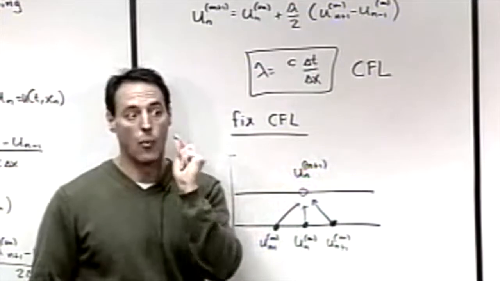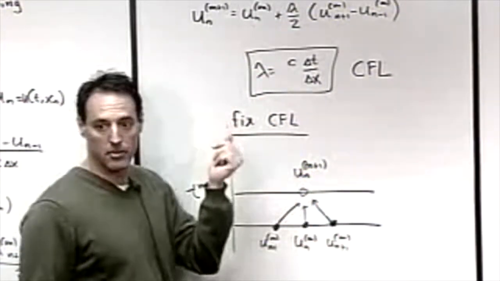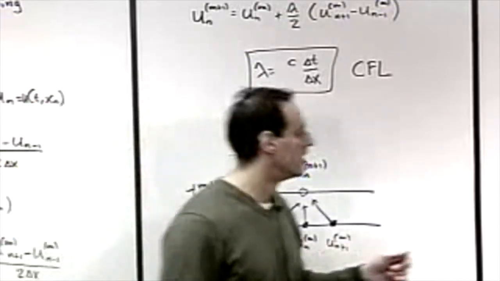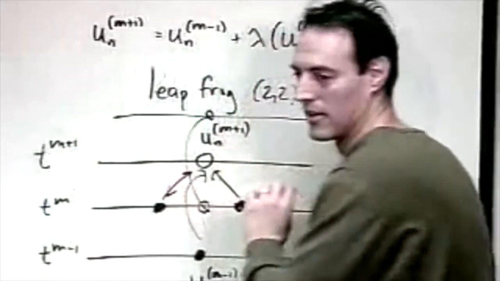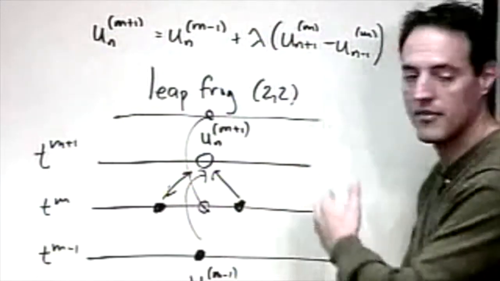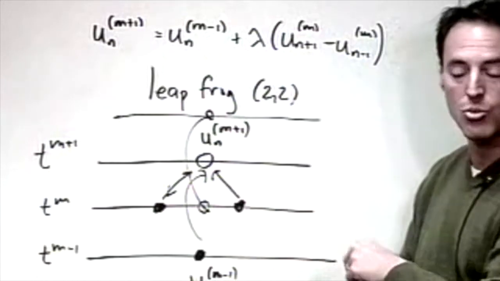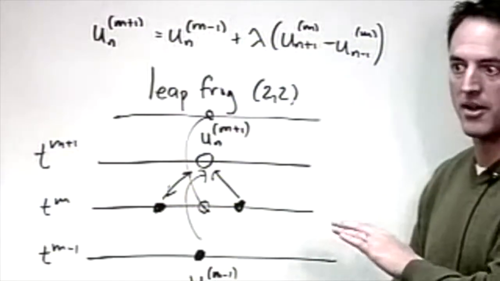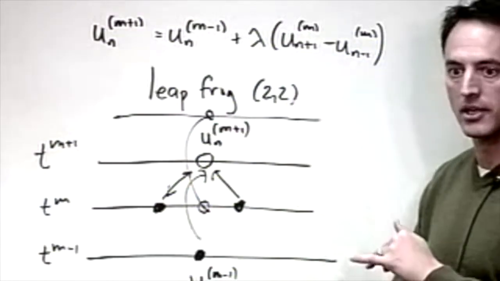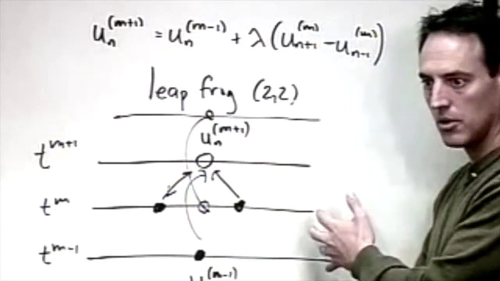If I give you one initial condition, from that point on, I can just run this up. Here, this is not self-starting. If I give you one initial condition, that's not enough to get this thing going. Why? Because I need 2 layers of time, 2 lines of time, in order to generate a third line. So it's a little bit tougher.